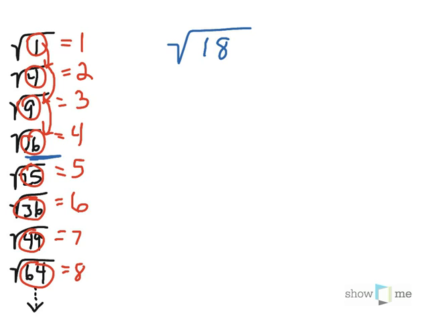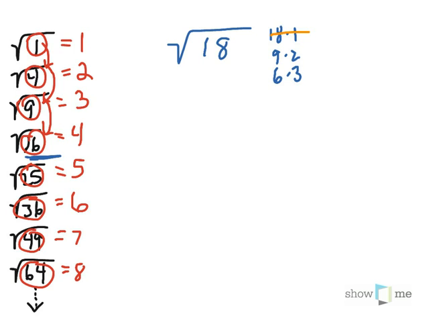So I'm going to think about 18. 18 is made up by doing 18 times 1, 9 times 2, or 6 times 3. Those are all the factors of 18. Now what I want to know is, is there a nice perfect square within this? Well, 1 is a perfect square, but 1 doesn't really help us write anything differently.